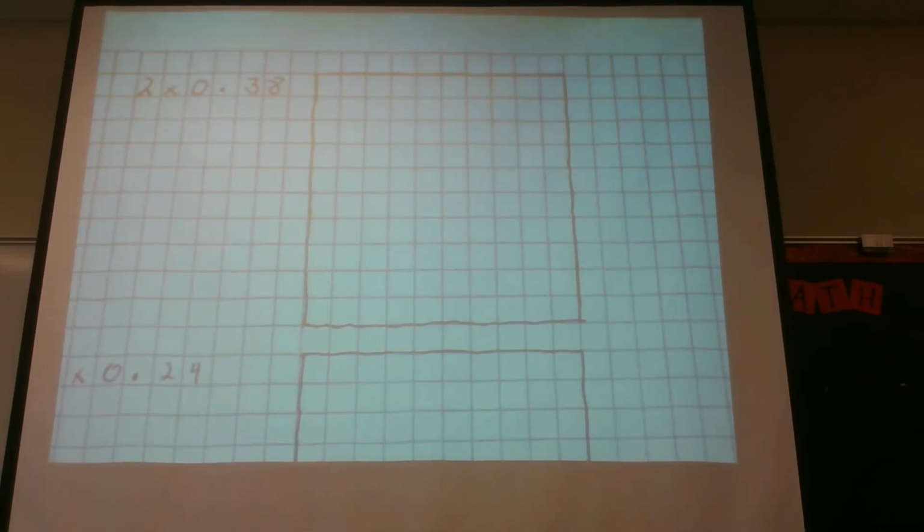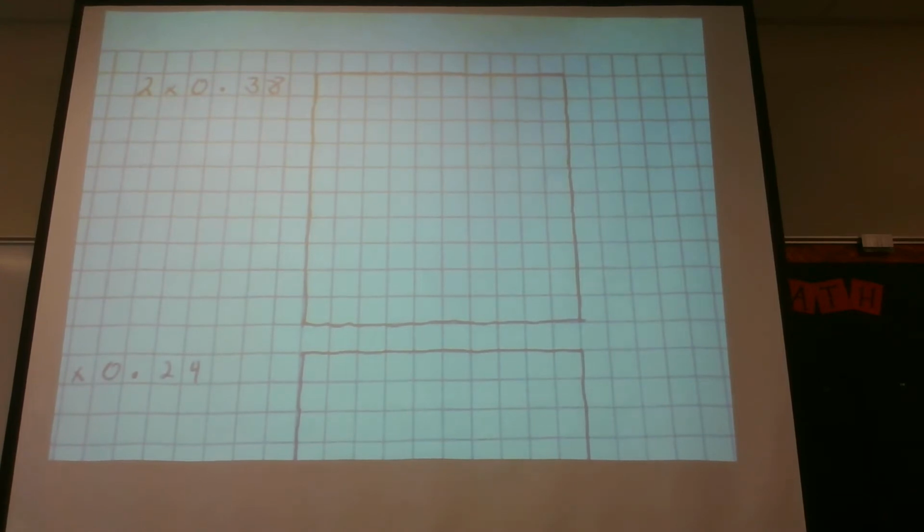Now this first problem asks you to have two groups of 38 hundredths. So all I have to do is take my crayons and color in two groups of 38 hundredths.